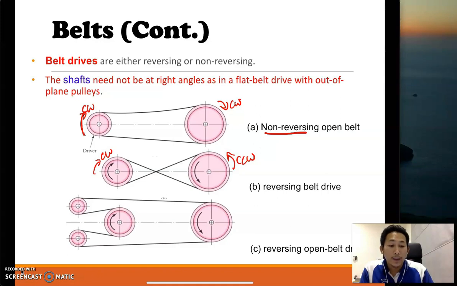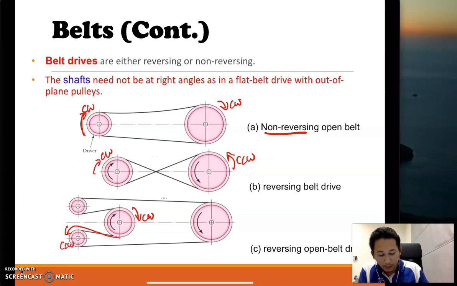The other one, if we want to have the opposite direction of the driven pulley, let's see. We have this one clockwise, and then we have this one counterclockwise, going that way.